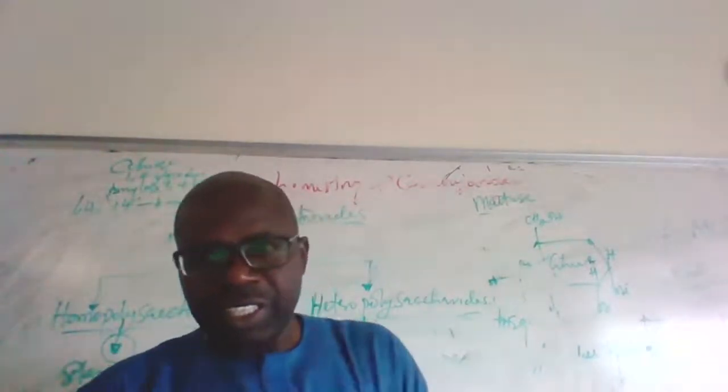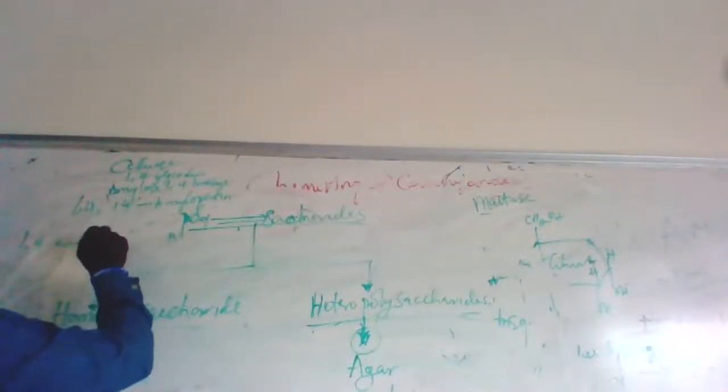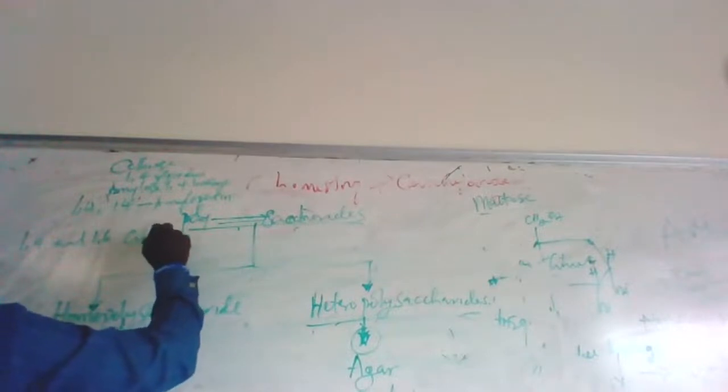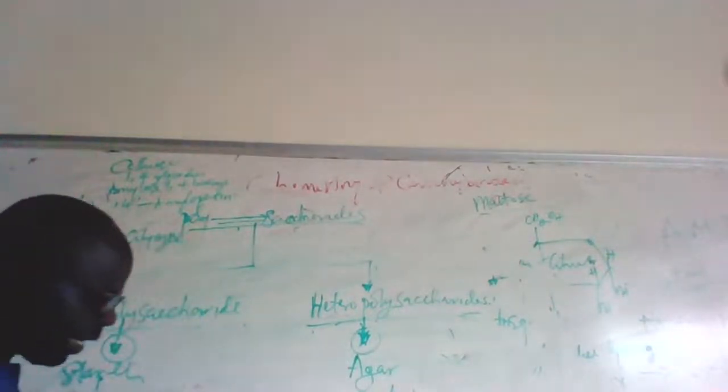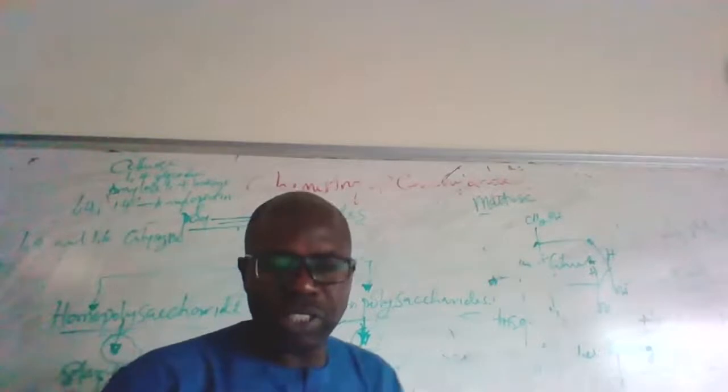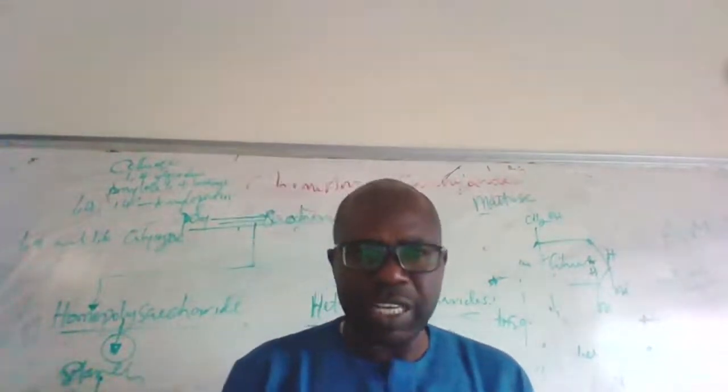Glycogen is a combination of alpha 1,4 and alpha 1,6. These are the kinds of linkages that you will get from these polysaccharides.